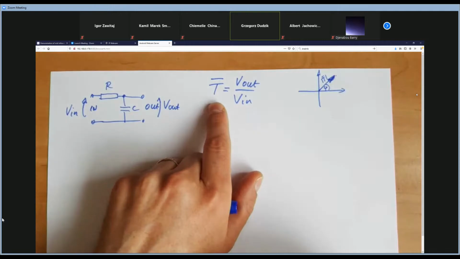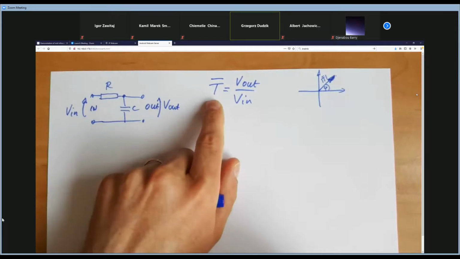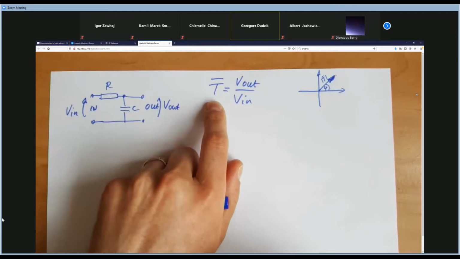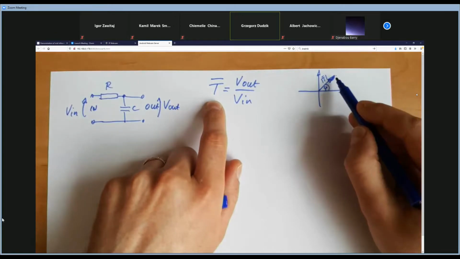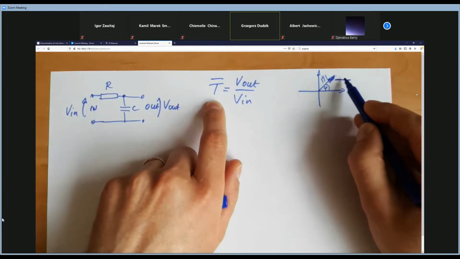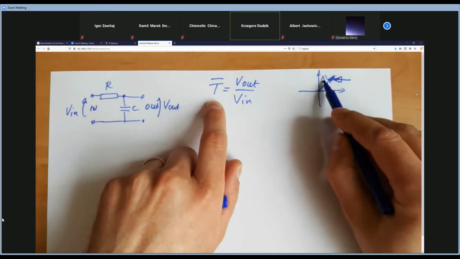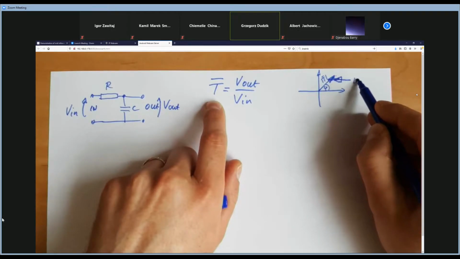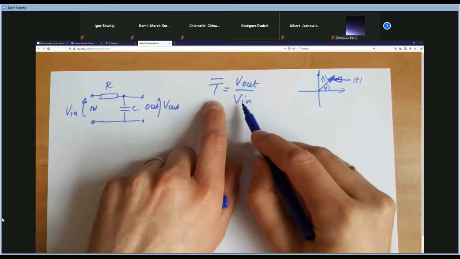If you are able to calculate the transmittance of the circuit, we can find the amplitude characteristic, which is hidden in the modulus of T, because this is how V out changes due to V in.